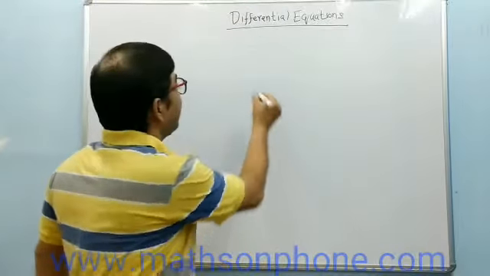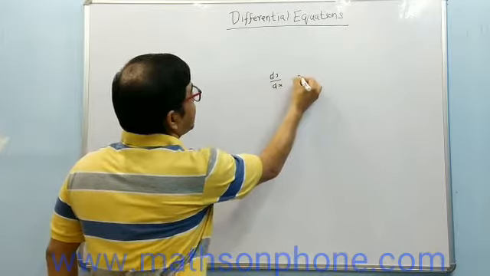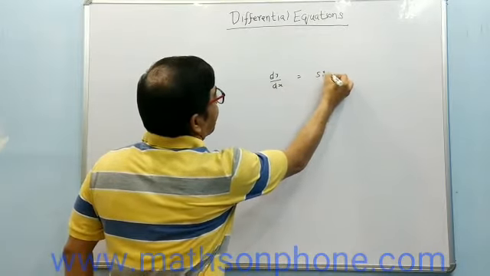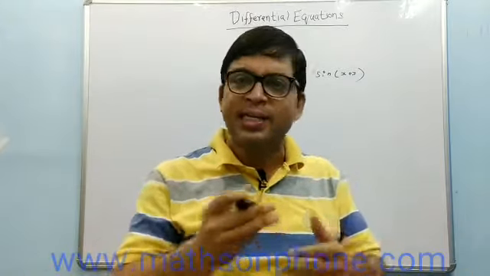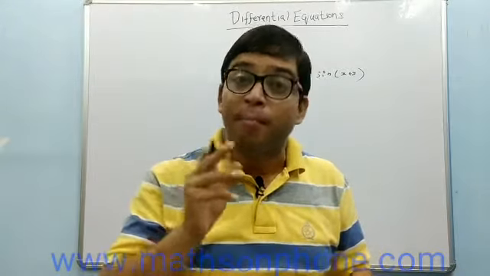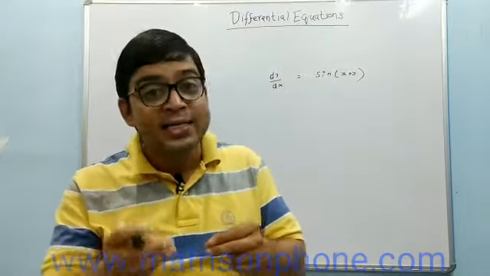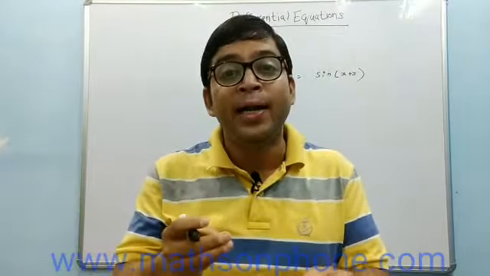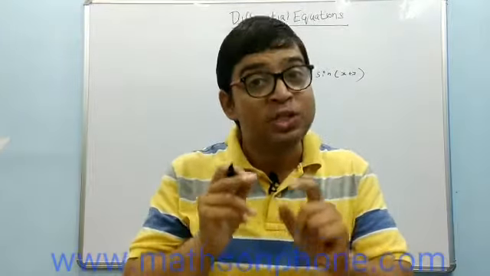Suppose I am writing dy by dx is equal to sine of x plus y. You see, this is not variable separable. That means x and y cannot be separated. But wherever x and y exist, they are maintaining a unique relation. What relation is that? x plus y.